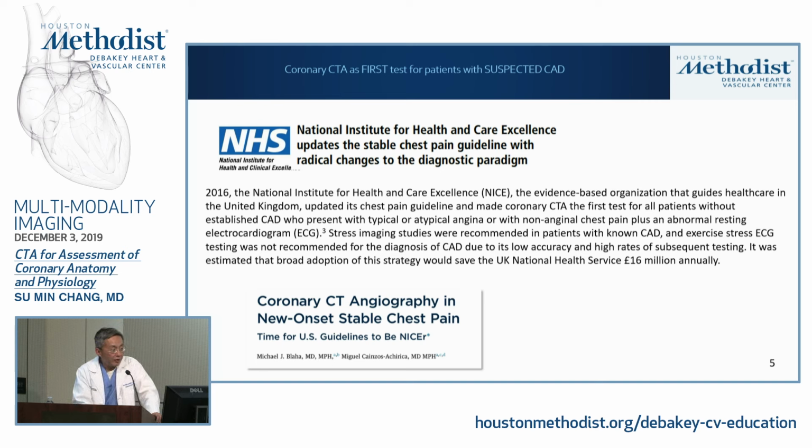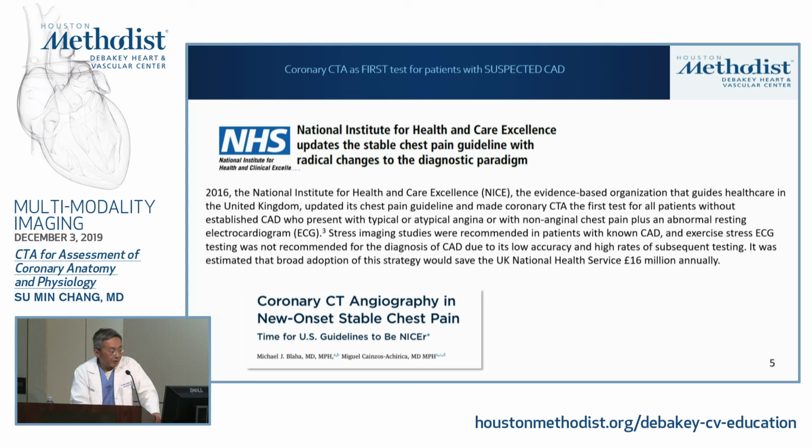Even 3 years ago, they recommended CTA as a first line test in patients with suspected CAD, and this essentially took away treadmill ECG as a test to assess a patient with chest pain, and estimated can save almost, I guess, $20 million every year in the UK. Might not sound like a lot of money, but here in the US, if this applied to the US, the money could be much more.